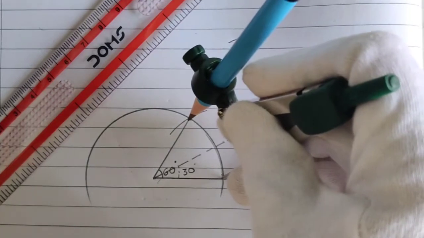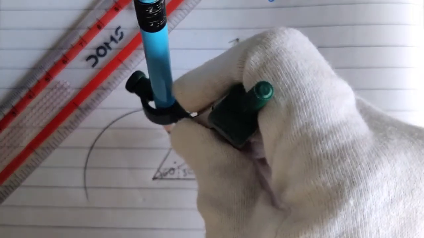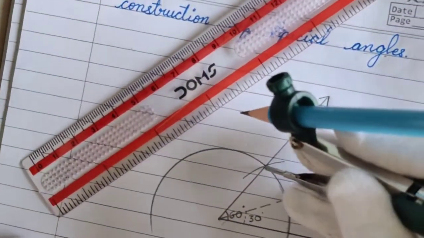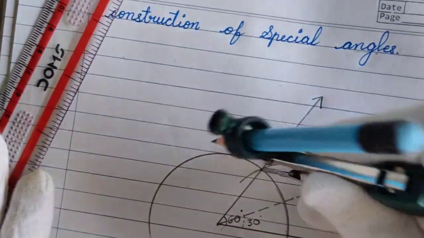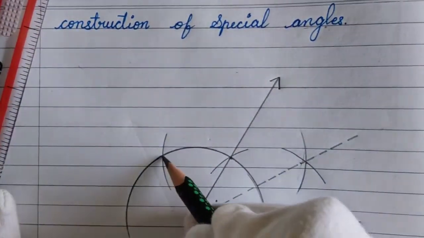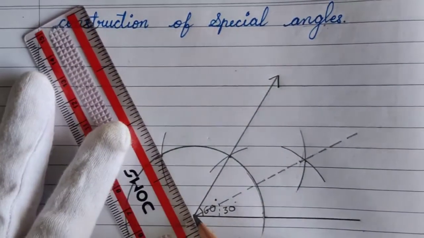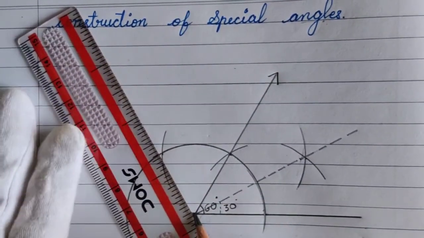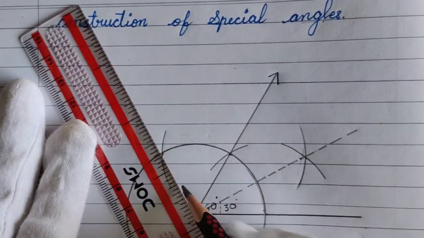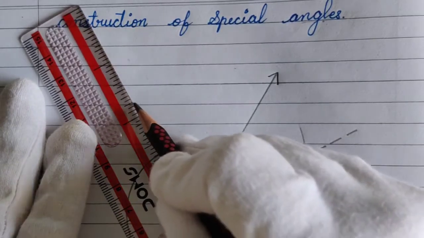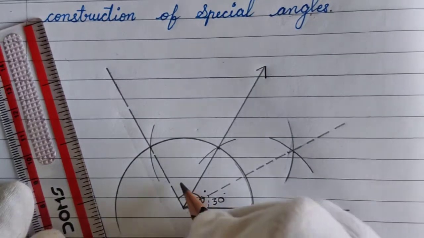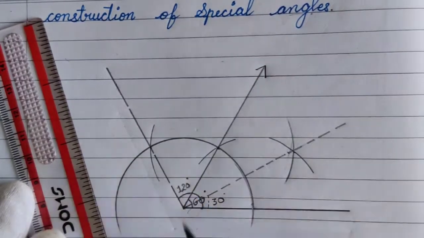We measure this arc of the same length and from here, that is 60, we cut the circle again. So this is 120. This is the double of 60, that is 120.